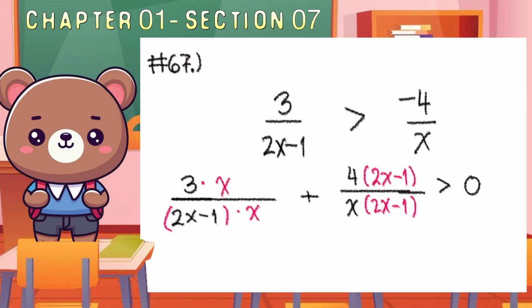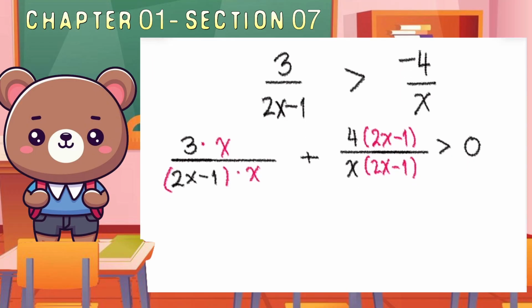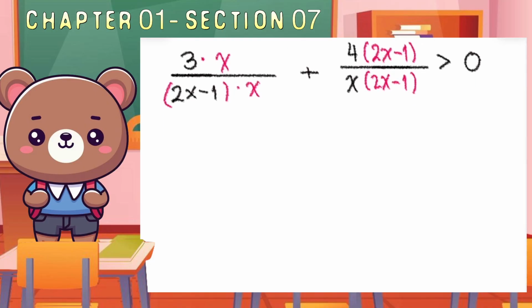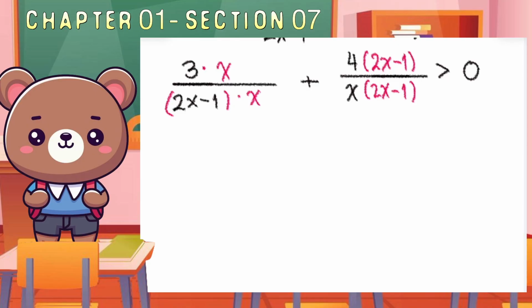Okay. So now that I have a common denominator, essentially, I'm just going to clean it all up. I want you to remember the phrase I'm about to say to you. Don't distribute the denominator. Leave the denominator factored, okay? You're going to expand and clean up, combine the numerator, but don't distribute the denominator. So I'm going to leave the denominator as x times 2x minus 1.